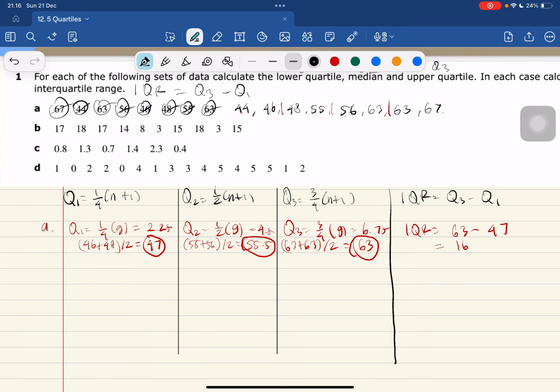Okay, B. Let us rearrange from the smallest. We have 3 and 3, so let's write 3, 3. Next we have 8. After 8, the smallest here is 14. After 14 we have 2 15s.